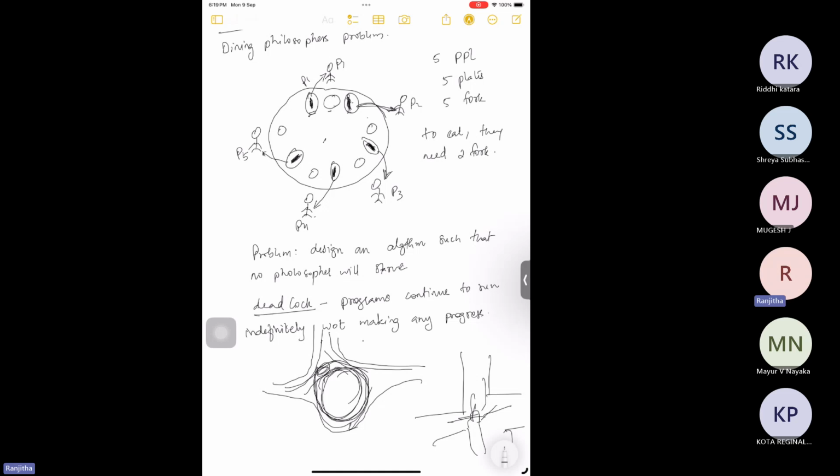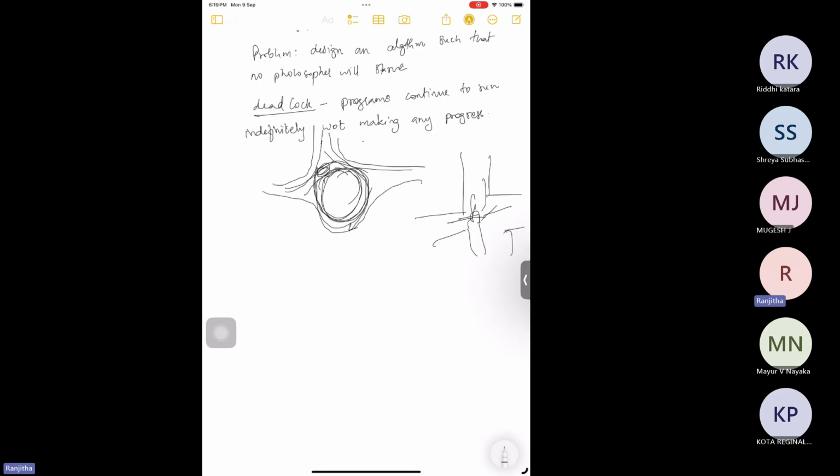Because these forks are shared resources between the philosophers, we can bring in some kind of locking mechanism, and also make sure that if P2 is taking the right fork, the left is available first, and only then the right is taken. So using mutex and semaphores, we can solve this. You can go through the lecture video to see the possible solutions of the dining philosophers problem.